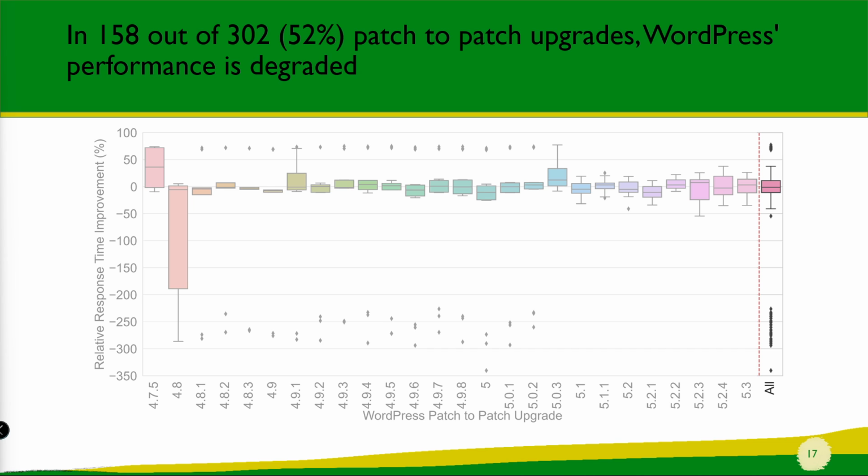In 52% of the cases out of 302 cases, patch-to-patch upgrades degraded the performance of WordPress. This finding shows that we cannot make an accurate prediction about the effect of doing an image upgrade on the performance of the application based on the WordPress version of the image alone. In the worst case, we had 9% to 340% performance degradation, and in the best case scenario, we had 5% to 77% performance improvement when doing patch-to-patch upgrades.